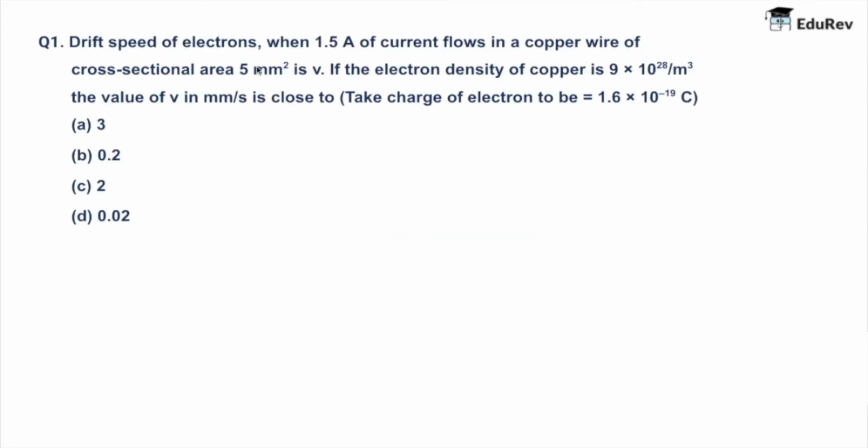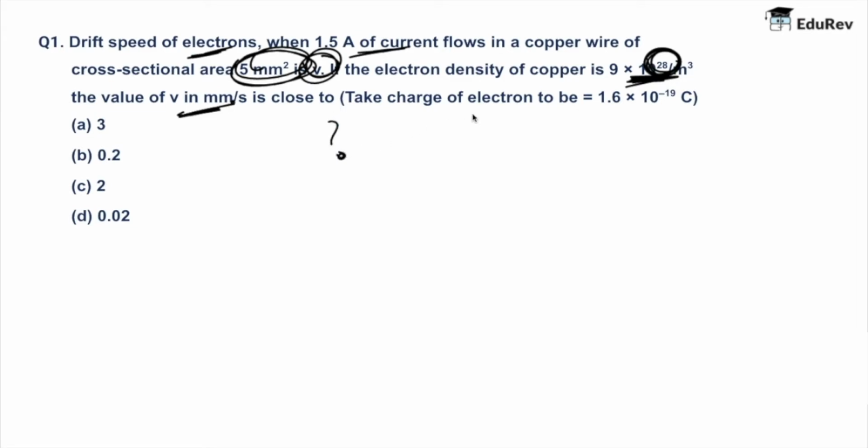The first question says, drift speed of electrons when 1.5 amperes of current flows in a copper wire of cross-sectional area 5 mm² is v. If the electron density of copper is 9 × 10^28 per meter cube, the value of v in mm per second is close to what?